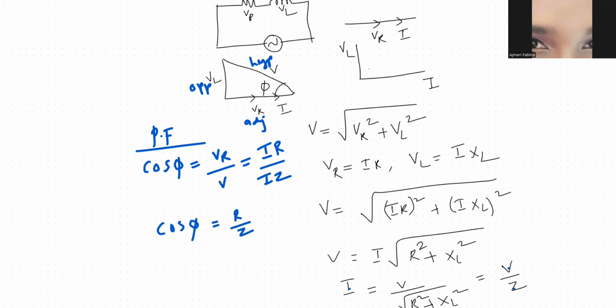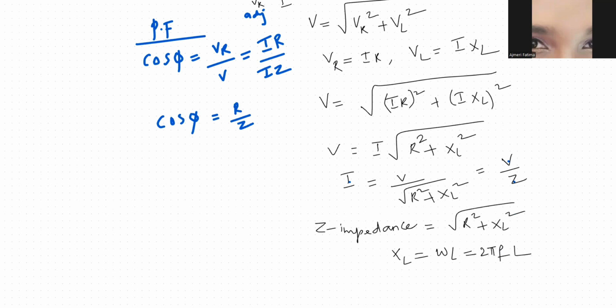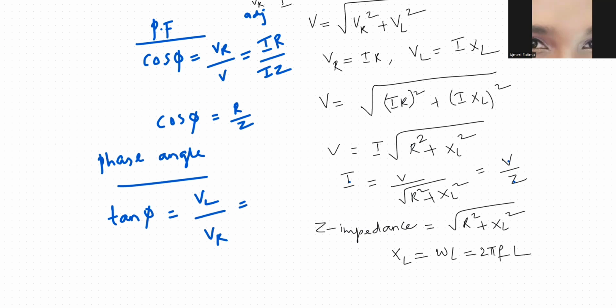Now next is phase angle. What is phase angle? Formula for tan phi. What is tan phi? Opposite to theta by adjacent to theta. So what you will get? VL by VR. Side opposite to theta phi is VL and VR is nothing but adjacent. So VL is nothing but I into XL.